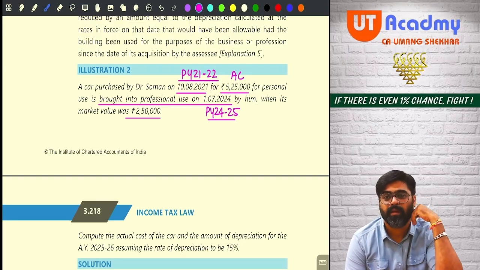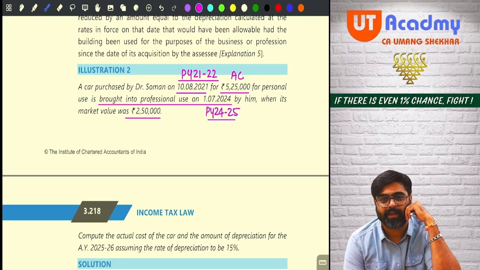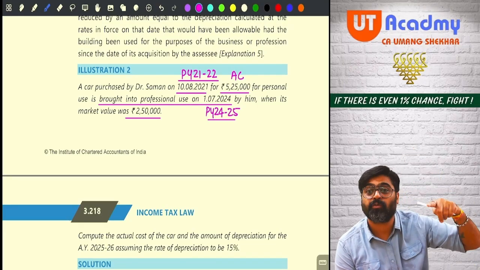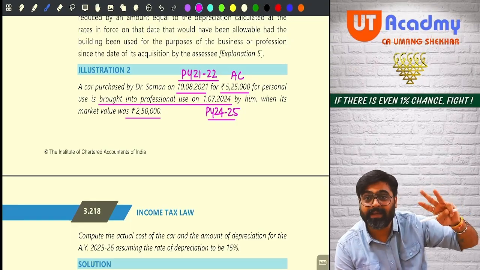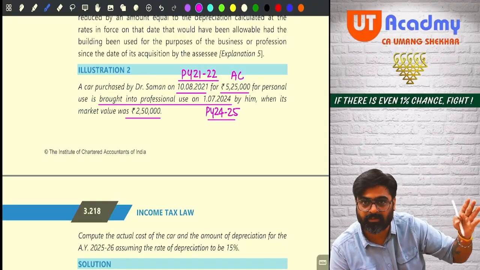What if this was a building? Then also the market value was not taken. Then actual cost minus the depreciation for 21-22, 22-23 and 23-24. For these 3 years, the depreciation would have been reduced on notional basis.